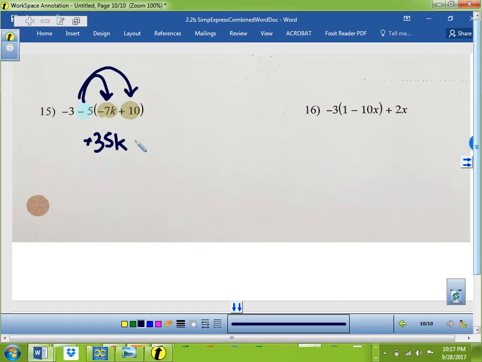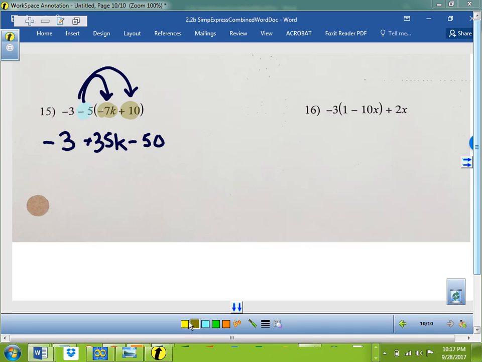Again, I don't need to know k here. We're not solving. We're just simplifying. These are expressions, not equations. Not solving. -5 times positive 10 is -50. And then I've got this little -3 in the front. It's just still sitting there. Okay, here I go. I'm going to see if I can combine some like terms now.